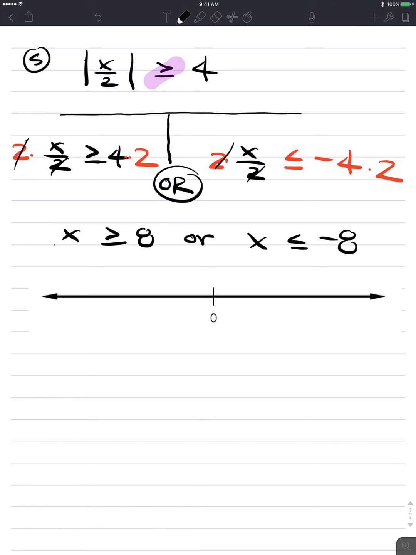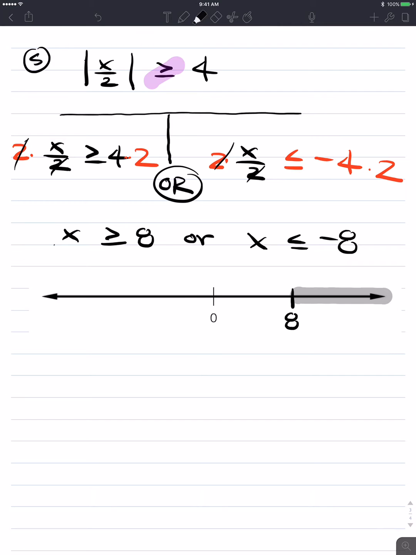The first inequality is describing numbers that are greater than or equal to positive 8. First of all, numbers greater than 8 are to the right of 8.